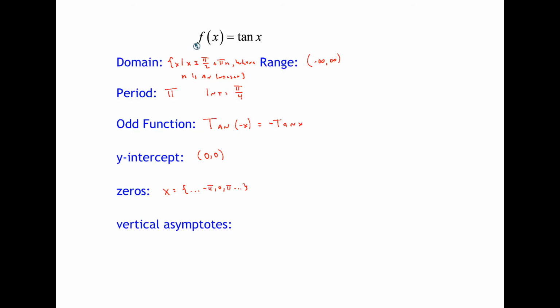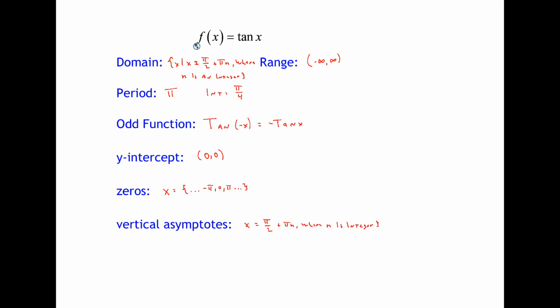So for your vertical asymptote, x is equal to pi over 2 plus pi n, where n is an integer. That relates right back to the domain, where our restrictions occur. We're having vertical asymptotes as well.